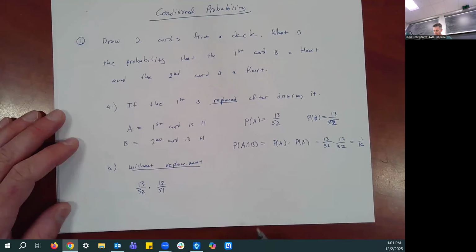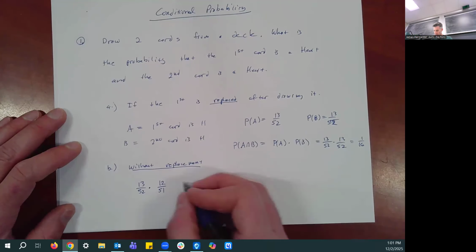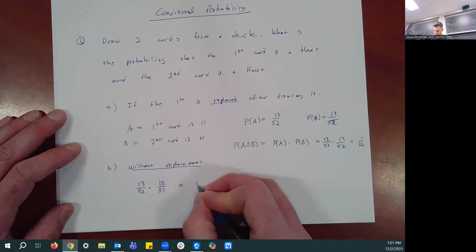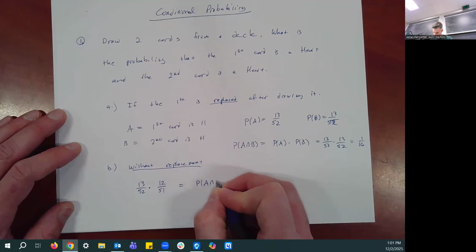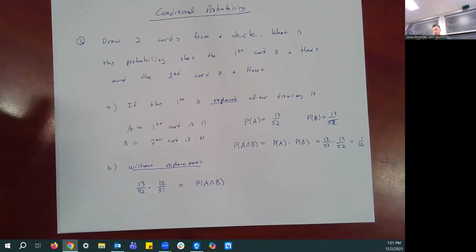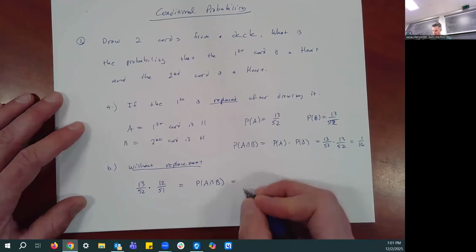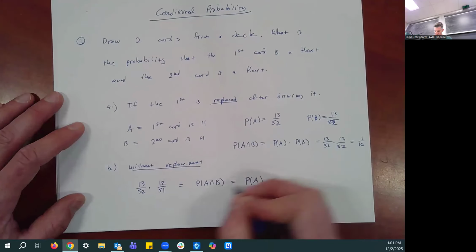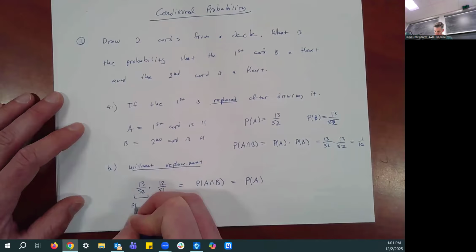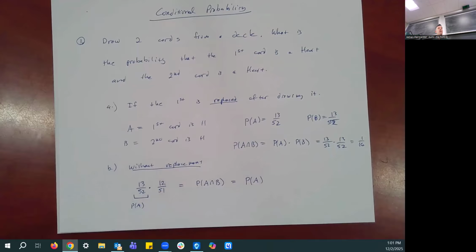But I want to point out what we're really calculating here is, again, the probability of A and B. And watch how this looks. It's going to be the probability of A, that's our 13 out of 52, the first card is a heart. But now, the second card being a heart has a condition upon it. We're asking what's the probability the second card is a heart, given that event A has already happened.